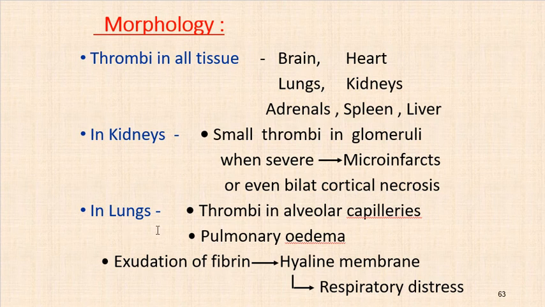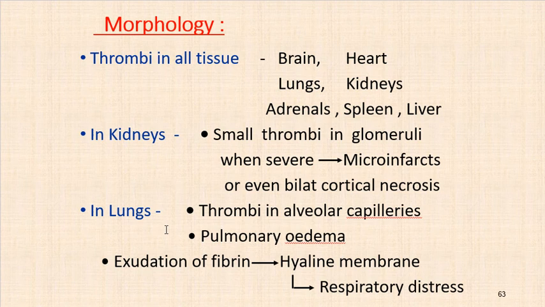And in the lungs, the thrombi occur in alveolar capillaries, and when there are thrombi in alveolar capillaries, pulmonary edema occurs, that is, a pouring of fluid into the alveoli.